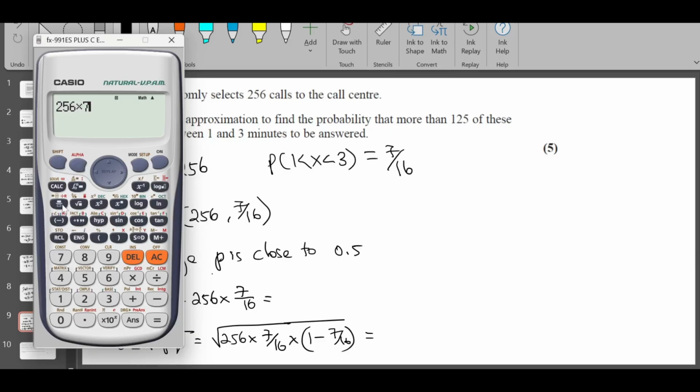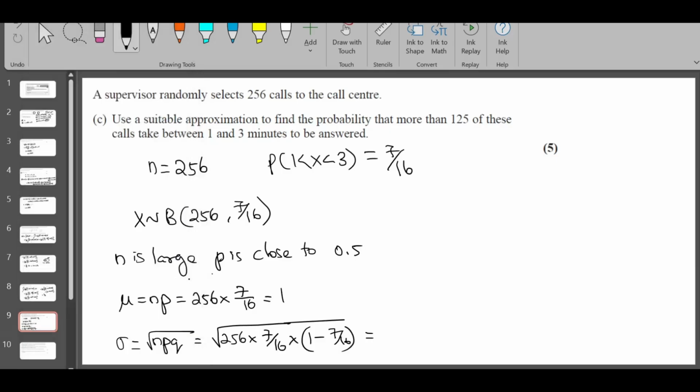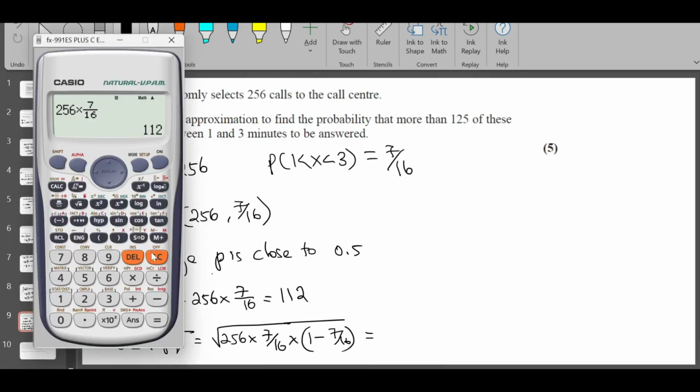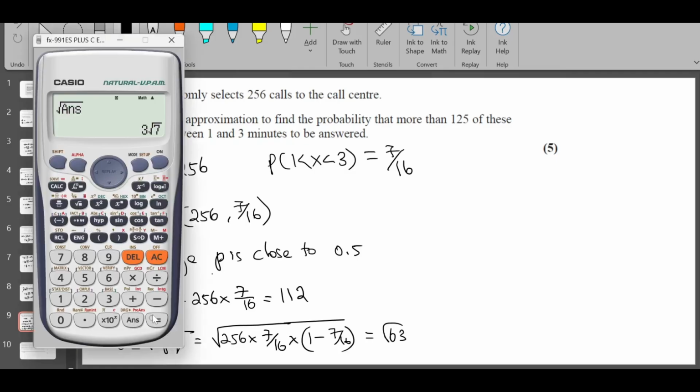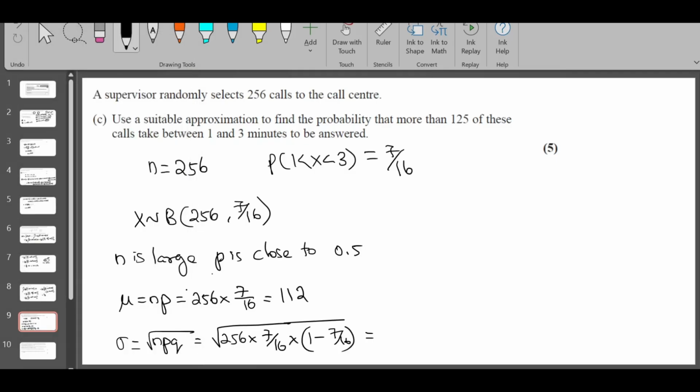256 times 7 over 16 is 112. Take 112, multiply by 1 minus 7 over 16, that's going to be the variance, 63, so sigma is square root of 63, or 3 root 7, or keep it as square root of 63.